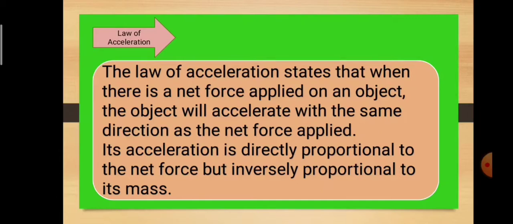Its acceleration is directly proportional to the net force but inversely proportional to its mass. So acceleration is directly proportional to net force, and both should have the same direction. And acceleration is inversely proportional to inertia or the mass. So unbalanced forces result in net force that leads to acceleration.